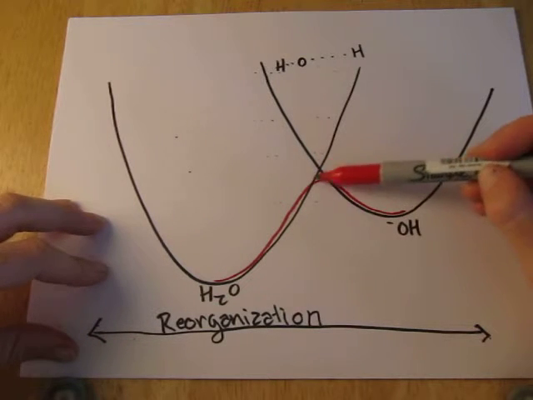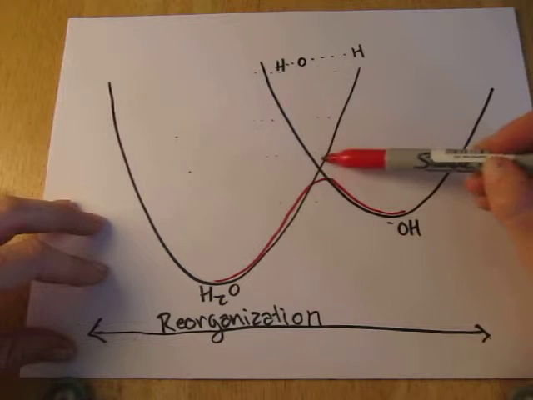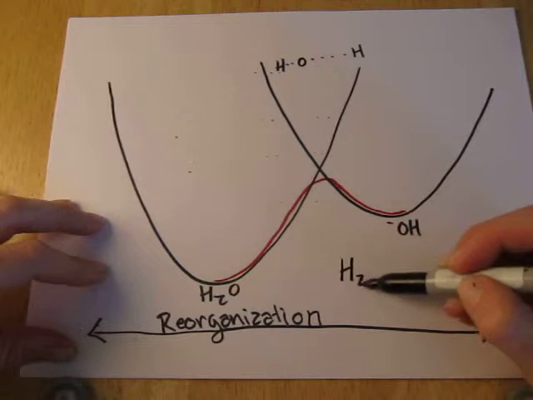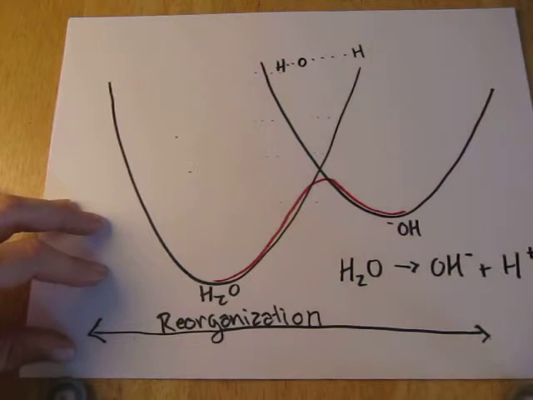And here, we don't have to go all the way up to the cross. It actually starts to blend a little bit, and so we get to jump across and take a little shortcut. But this is basically a reaction of H2O going to OH minus plus H plus. So these energy wells are where this comes from.